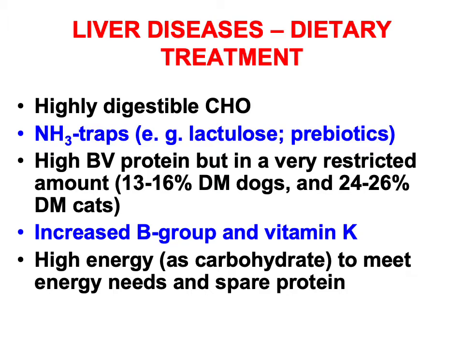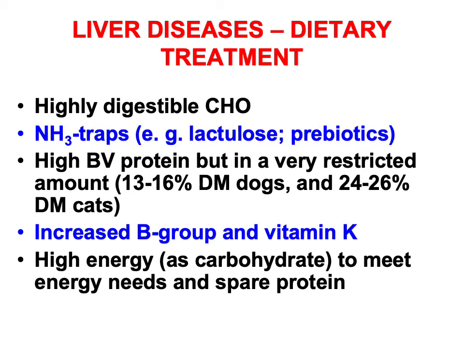High biological value protein should be given, but in an extremely restricted amount, to avoid the surplus of extra protein and the production of free amino groups and extra detoxification work for the liver.